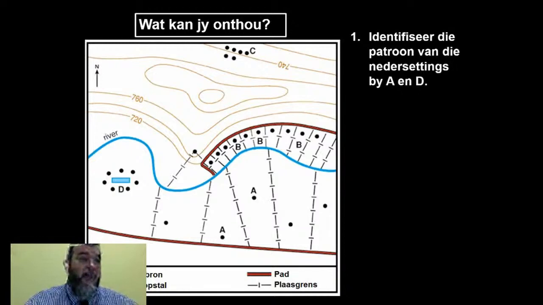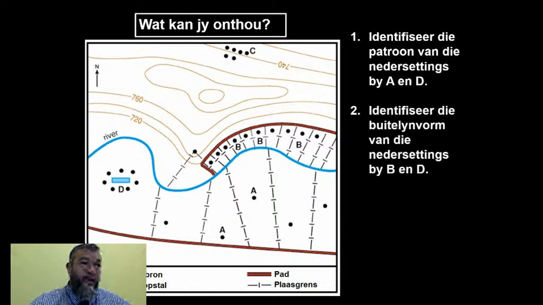Identifiseer die patroon. English learners, identify the pattern of the settlements at A and D. So what is pattern? Nucleated or dispersed. When I look at A, dispersed, far apart. Dit is spreid. So die patroon hier is 'n verspreide patroon, a dispersed pattern. And at D, the buildings are close to each other. It is a nucleated pattern. Dit is kernvormig.